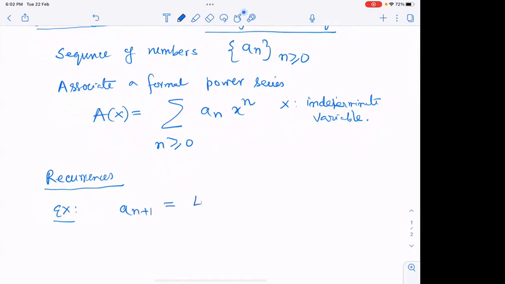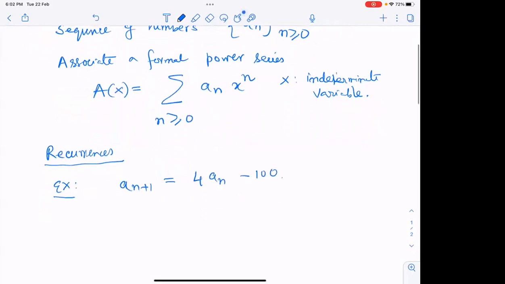Let's take a simple example, and your goal is to compute a_n. There could be multiple ways to solve these recurrences by your creativity, by looking at it, by guessing, and there are many ways. The generating function is one of the systematic ways to solve such problems.